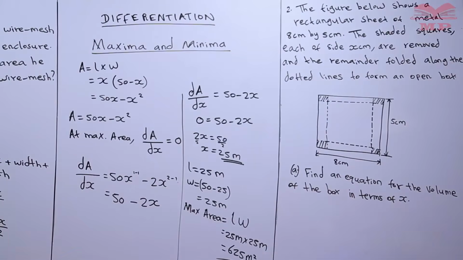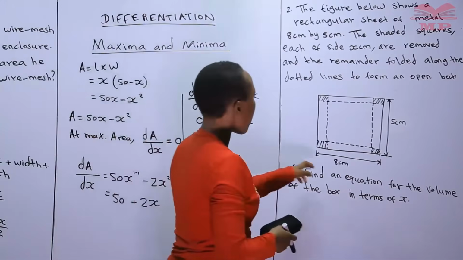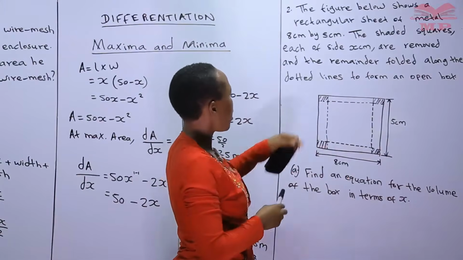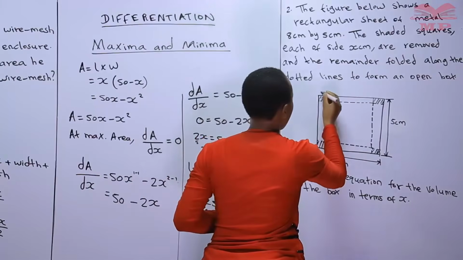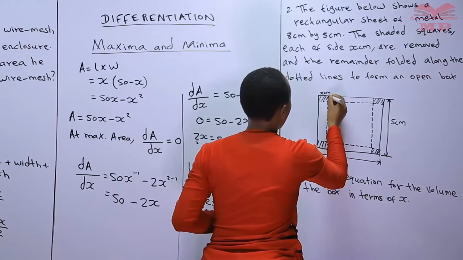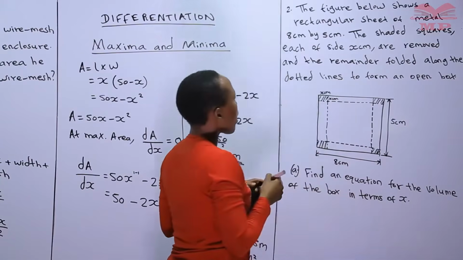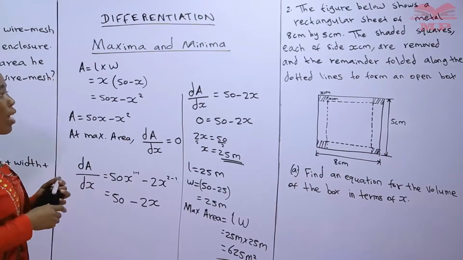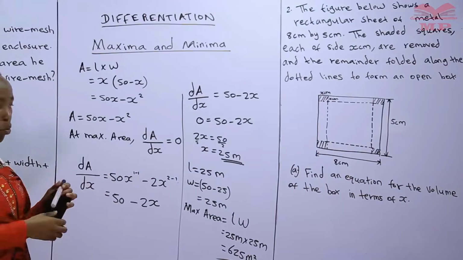So that's what we have. We have a rectangular sheet of metal. The side is 8 by 5. The shaded squares, each of the side, so each of these, the side is x centimeters. All sides are x centimeters. We are told that they are removed, and the remainder is folded along the dotted lines to form an open box.